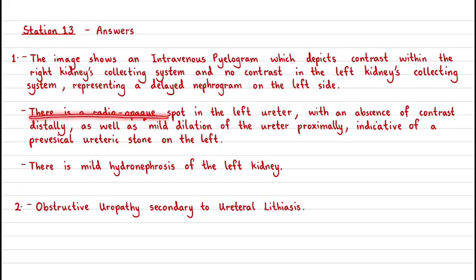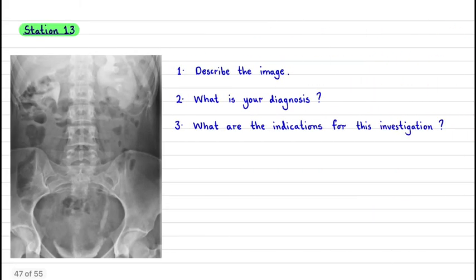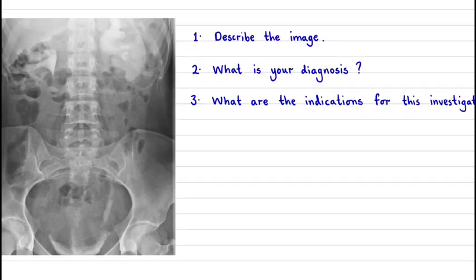And then there is a radio-opaque spot in the left ureter with an absence of contrast distally, as well as mild dilation of the ureter proximally, indicative of a prevesical ureteric stone on the left. So this is what I'm talking about. There is a radio-opaque spot in the left ureter, which is right here, with an absence of contrast distally.